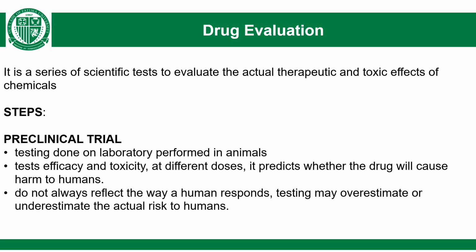It may overestimate or underestimate the actual risk to humans. Always remember that preclinical trials should be well documented and it should be properly checked if the medications on various animals, various organisms are harmful.